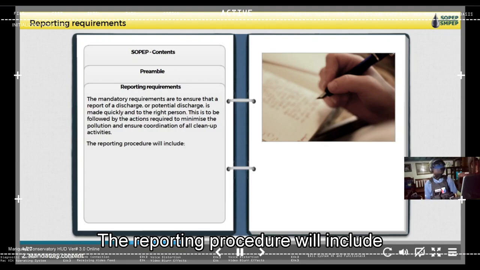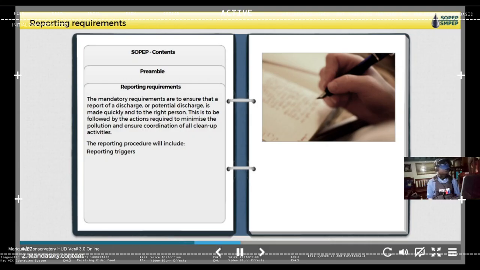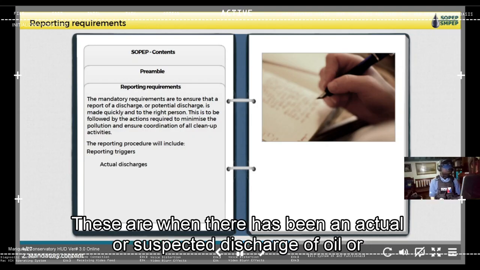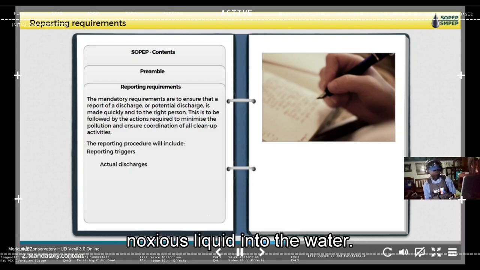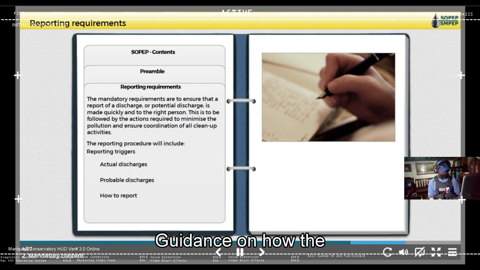The reporting procedure will include guidance on what situations should trigger a report of pollution. These are when there has been an actual or suspected discharge of oil or noxious liquid into the water, and probable discharges, where there is not yet a discharge, but there could be one soon. Guidance on how the reports should be made, and instructions of who to contact.